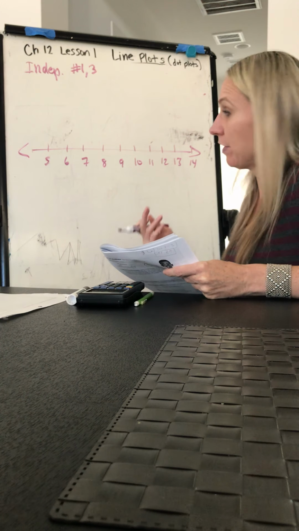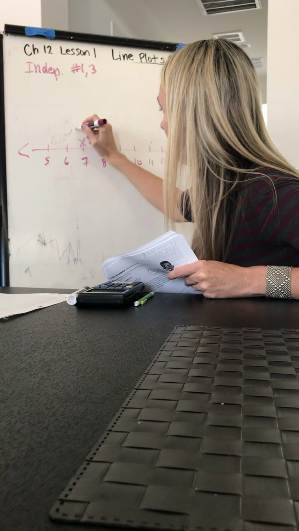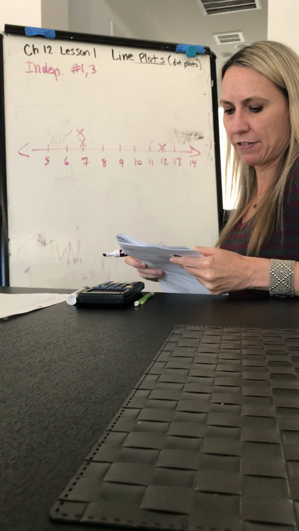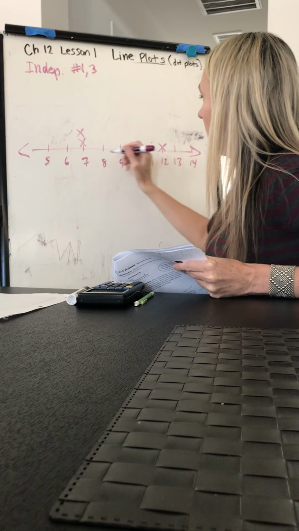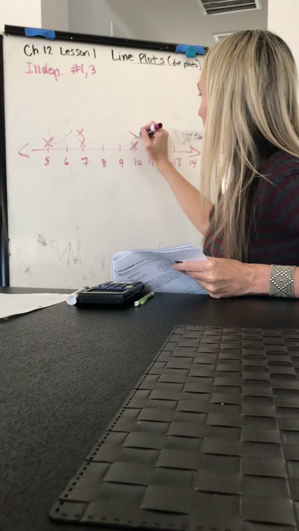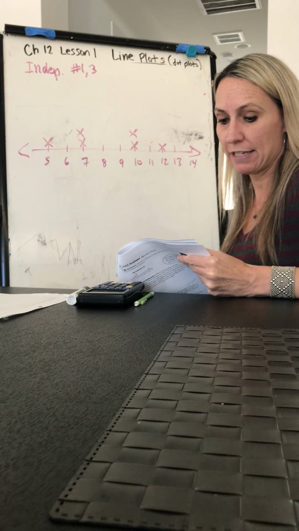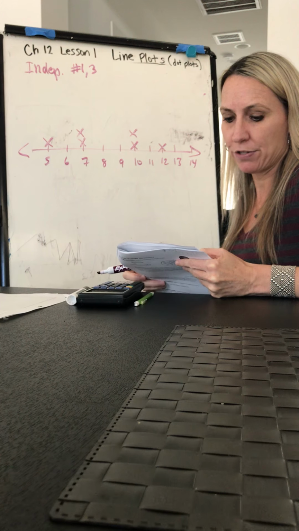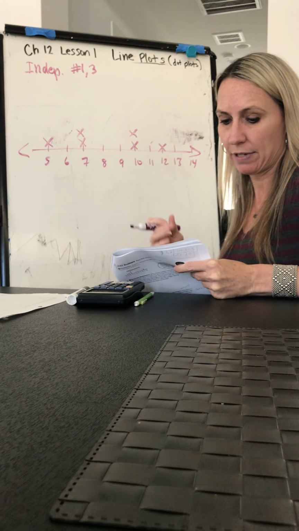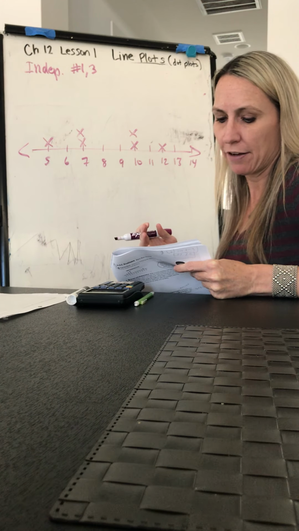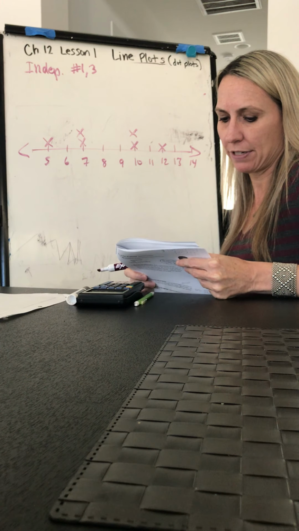It says 7, 7, 12. So I'm going to do an X on 7, 7, 12. Then 10, 5, 10. And again, I would circle these as you're going through it so you don't accidentally count one twice or miss one. 5, 7, 10. Those are the next 3.